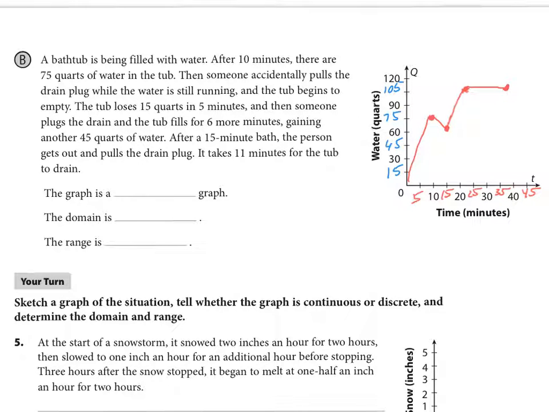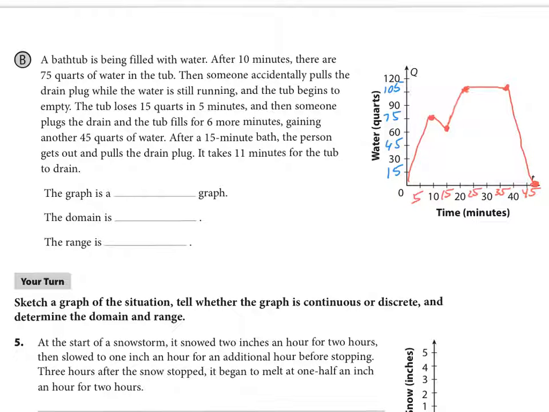Then it says it takes 11 minutes for the tub to drain. So now that's going to put me from 36 to where? To 47 minutes, and the amount of water is going to go from 105 down to 0. So I go from here, 47, be just past 45 here, and now I have 0.